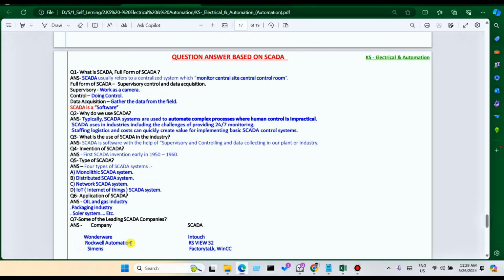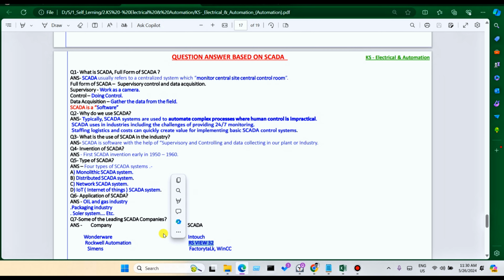Rockwell Automation had RSView32, a very old software from when Rockwell first developed SCADA. But right now Rockwell Automation is not providing RSView32; the current SCADA system is FactoryTalk View Studio.